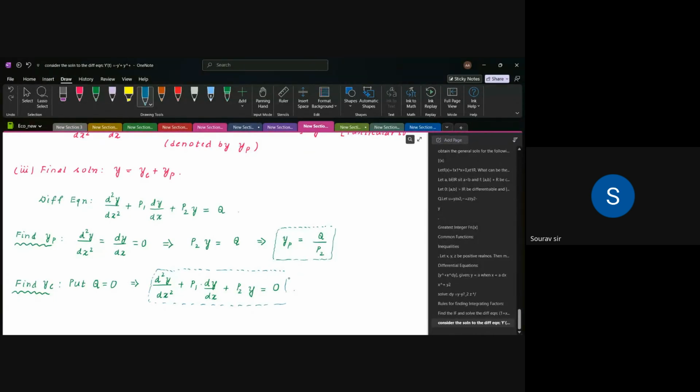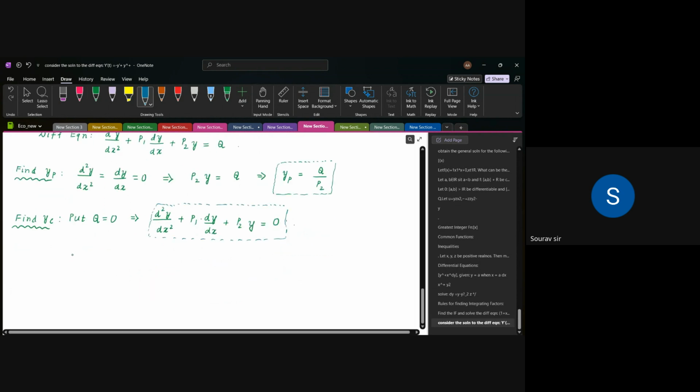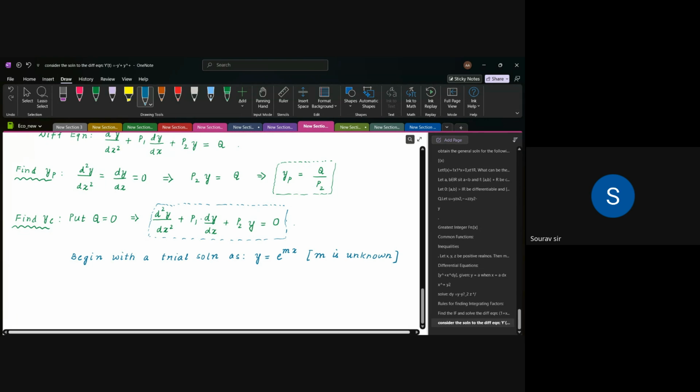The idea is that we need to begin with a trial solution as y equals e raised to the power mx, where as of now m is unknown.